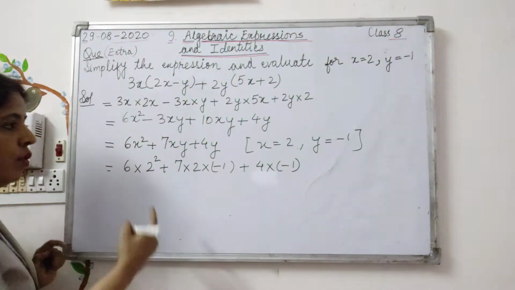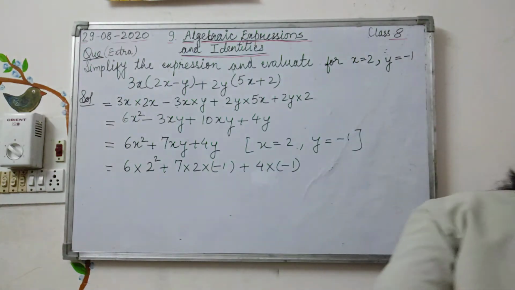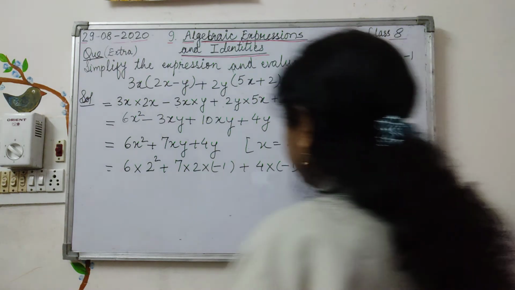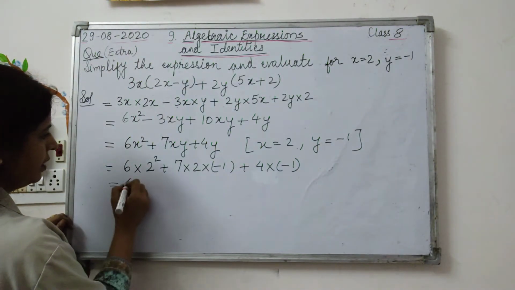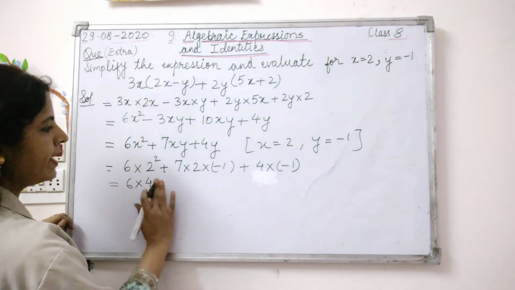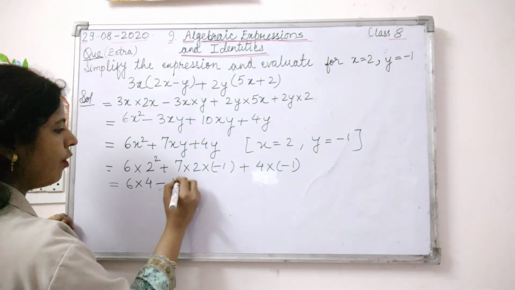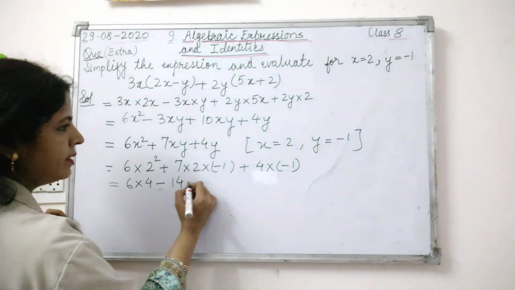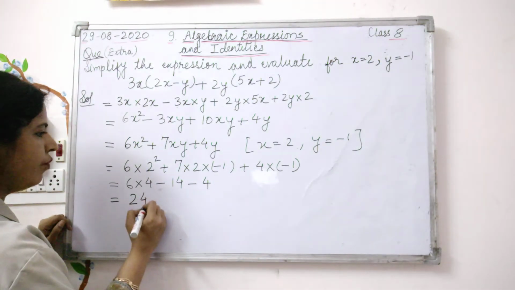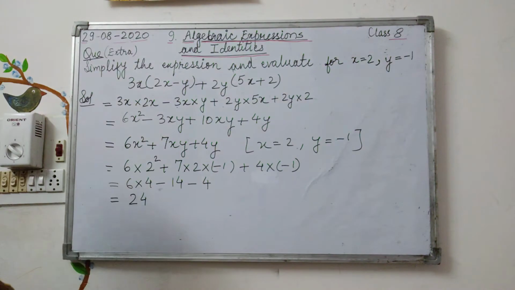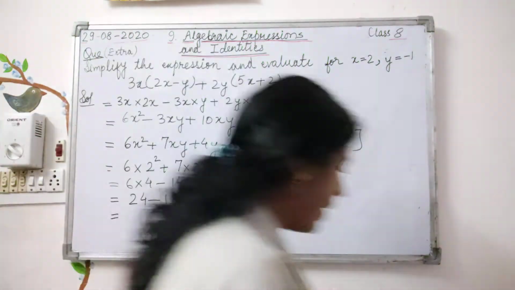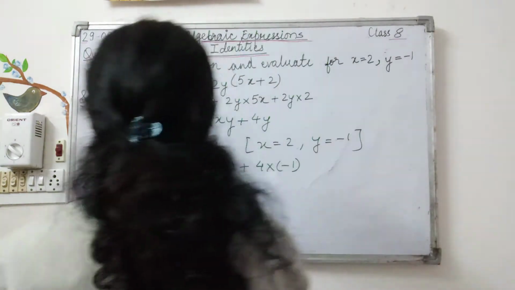Here we have to multiply and find the value as in the expression. 6 into 4, plus into minus will give us minus, 7 2s are 14, minus 14, plus into minus again minus 4. 6 4s are 24, minus 14 minus 4 gives us minus 18, and 24 minus 18 will give us the value 6.